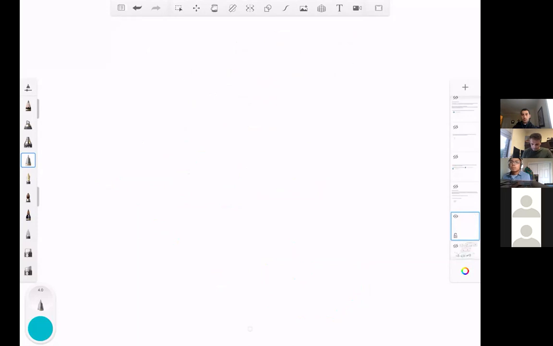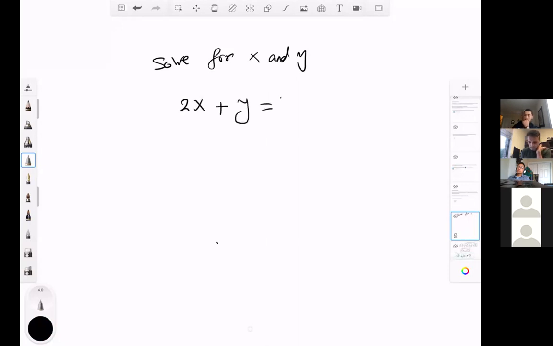Now, if I ask you to solve for x and y, we have 2x plus y equals 18. So the question is to solve. The first thing we should ask is, is that possible to solve?